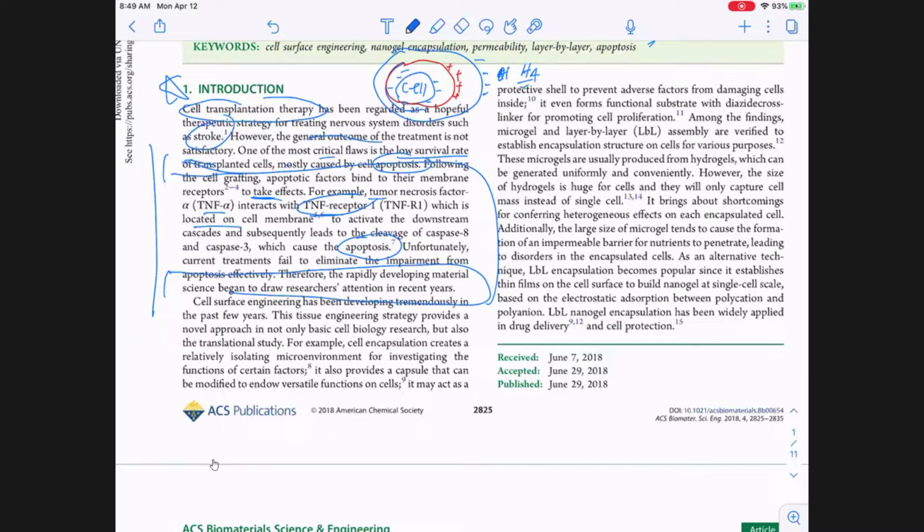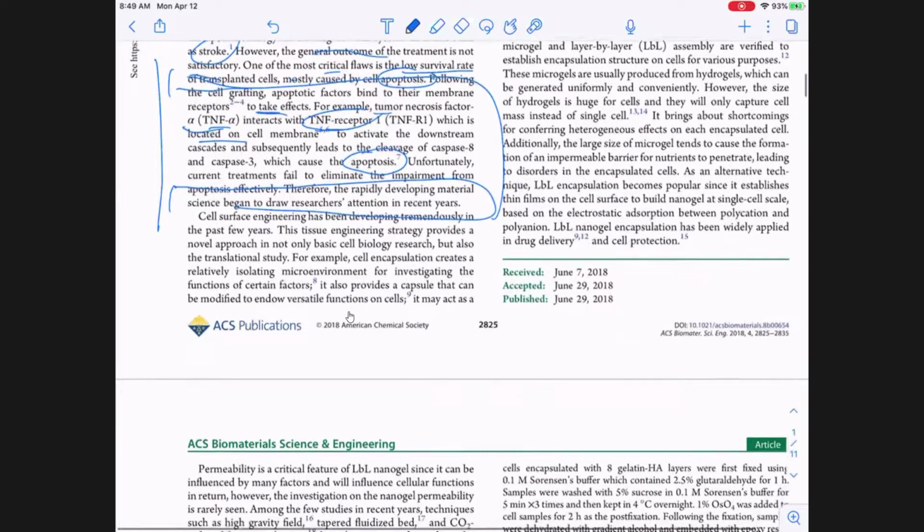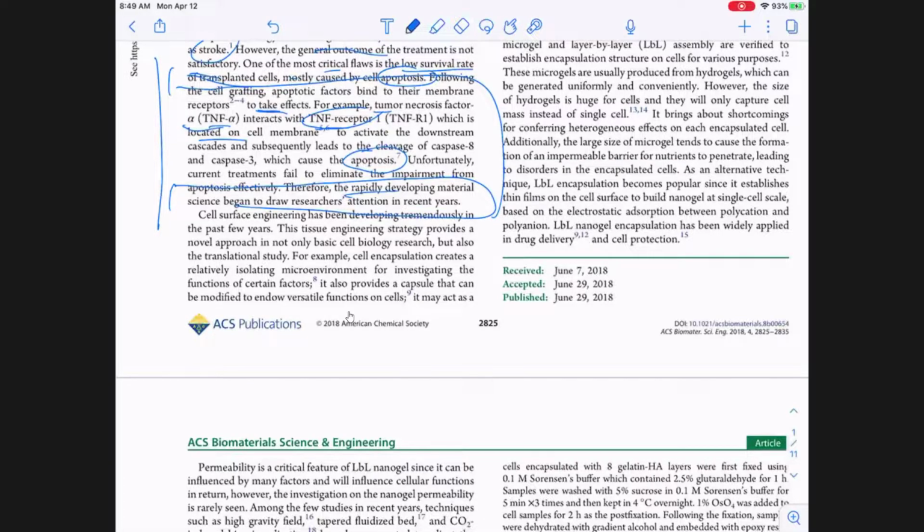Why does this happen? Because of TNF alpha. Therefore, rapidly developing materials science began to draw research attention in recent years. Materials scientists have done lots of work to address those concerns.